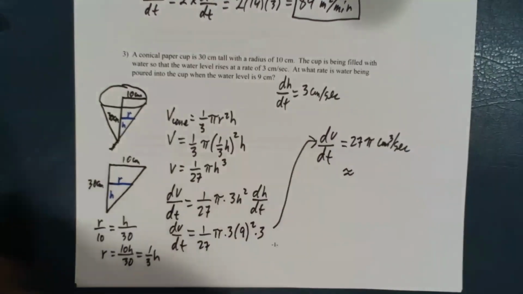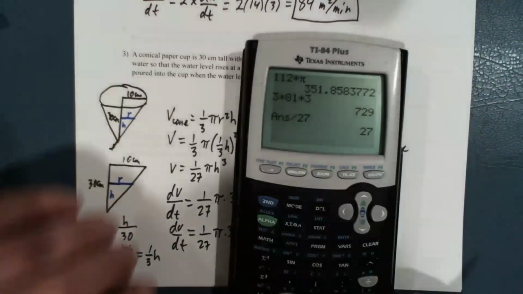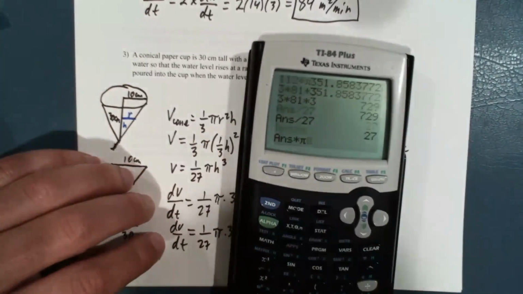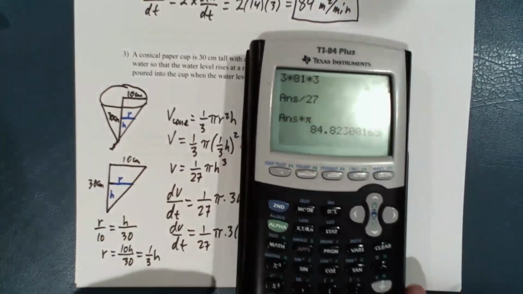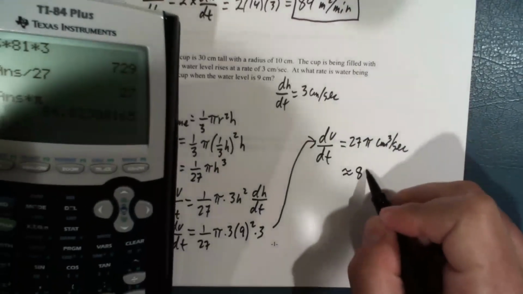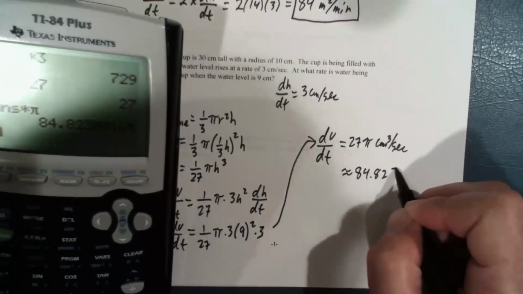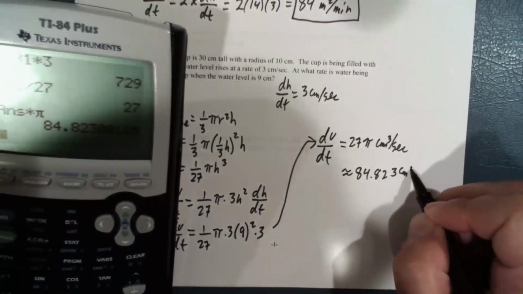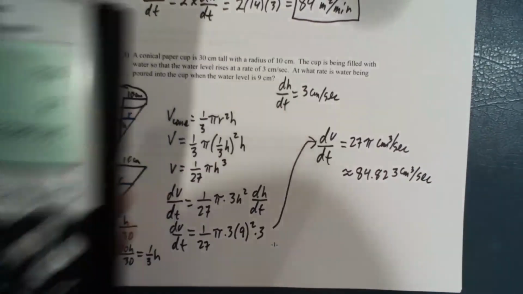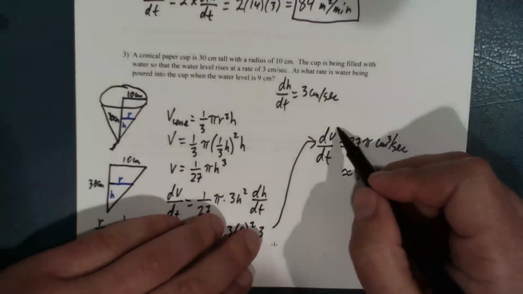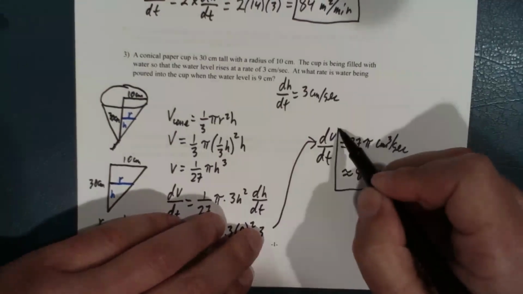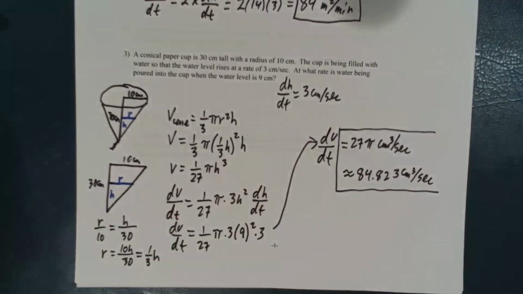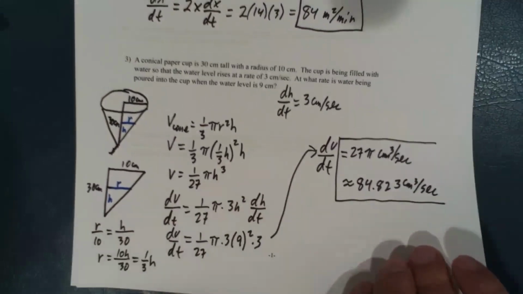And if I plug that in, I get about 84.823 cubic centimeters. Again, you'll need to find out for any given problem what your teacher prefers, the exact answer with pi or an approximation. Moving on.